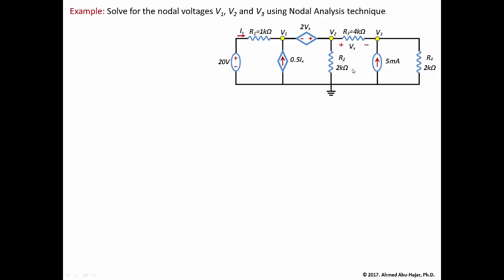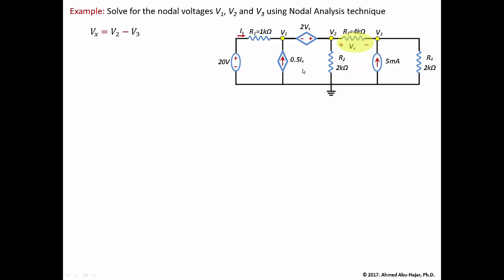Vx is located over here, where the plus polarity of Vx is placed at node V2 and the negative polarity is placed at the side where it's V3. You just follow the polarity, and you can use KVL if you want, but after doing this a couple of times, you know that Vx is the nodal voltage at the plus polarity minus the nodal voltage at the negative polarity. So Vx equals V2 minus V3.